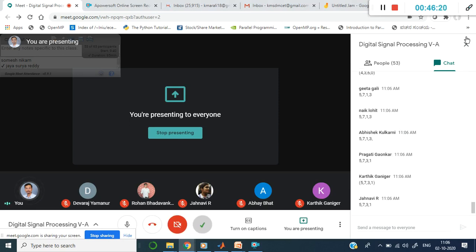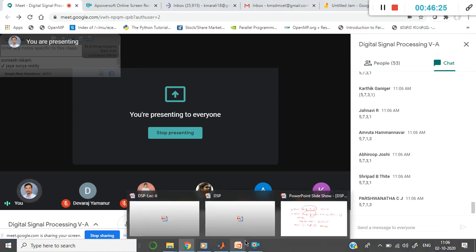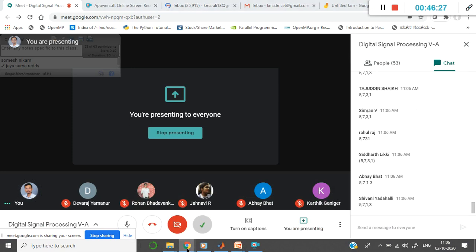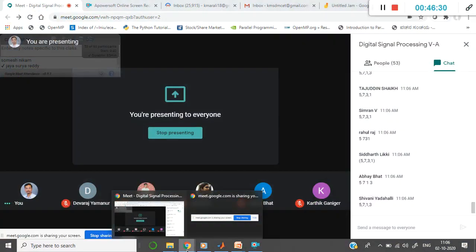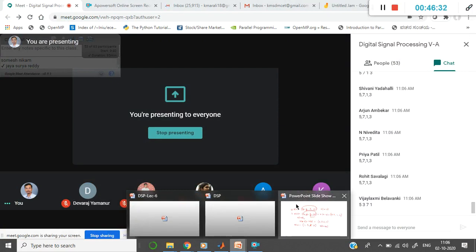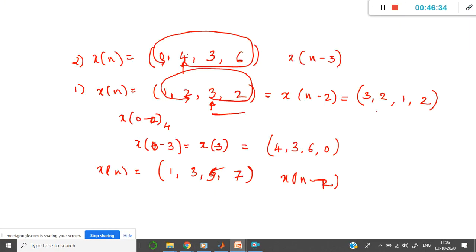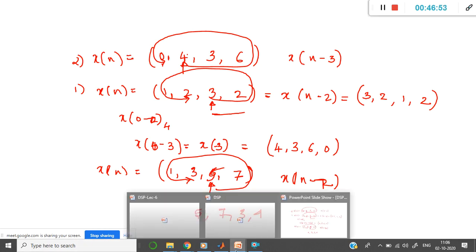Yes, very good, 5 7. What is the first sequence here? That must be the second value, that is 4 minus 2, 2. So that is 0, 1, 2. This is the first value. From here I move around and come up with this, that is 5 7 1 3. So this is my circular time shift operation, right?